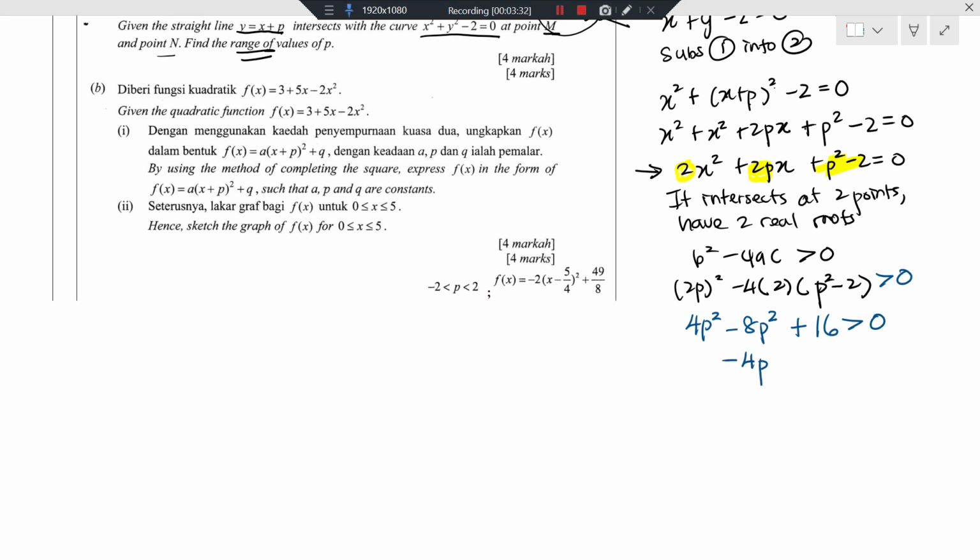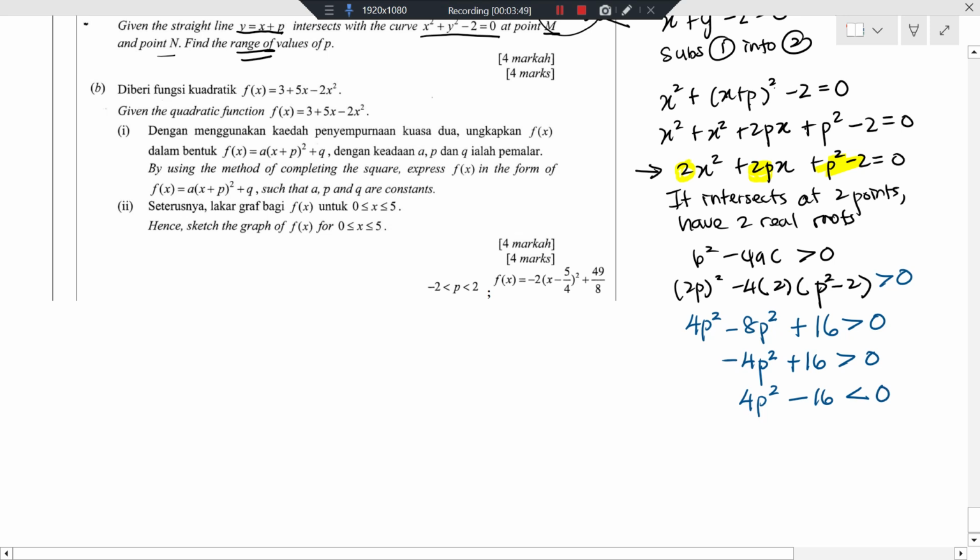Simplify this. Negative 4p square plus 16, you get greater than 0, and then we reverse the symbol to make our a positive. So 4p square minus 16 less than 0. I reverse the symbol, everything. Or you can also do like you are multiplying the whole inequality with negative 1.